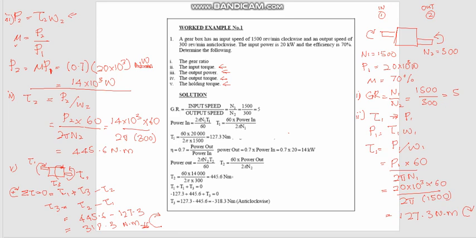If you look at the answer, it says anti-clockwise tau 3 equals negative 318.3 Newton meter anti-clockwise. So there's a redundancy, a negative and anti-clockwise, so it's actually clockwise.